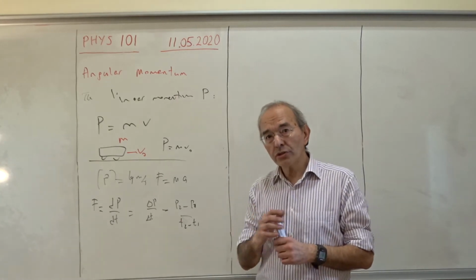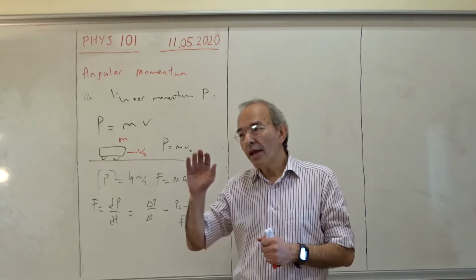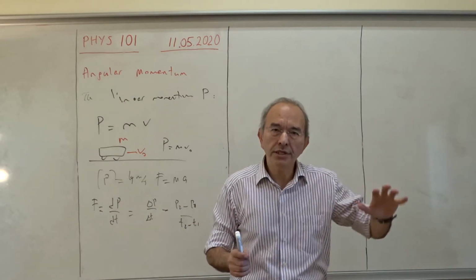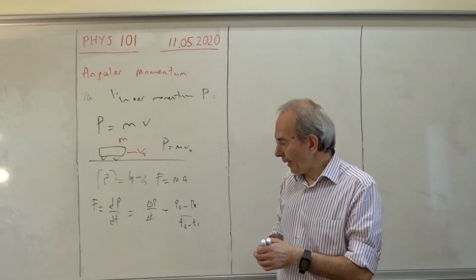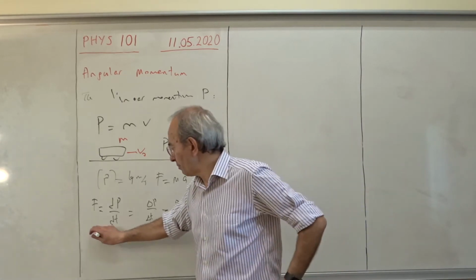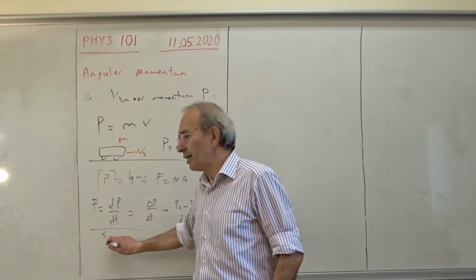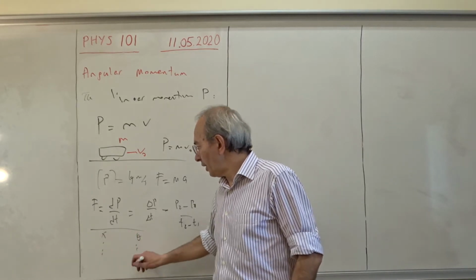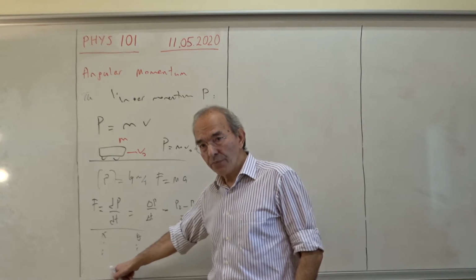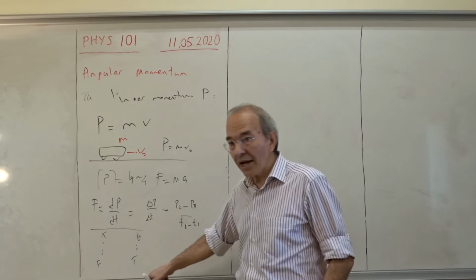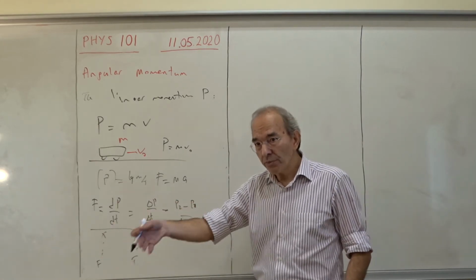But we have also said that every quantity in linear motion corresponds to an angular quantity in rotational motion. Remember the table, for instance: we started with distance covered and angle theta, and at the end we arrived at force and torque. Force corresponds to torque. Now we have linear momentum and angular momentum.